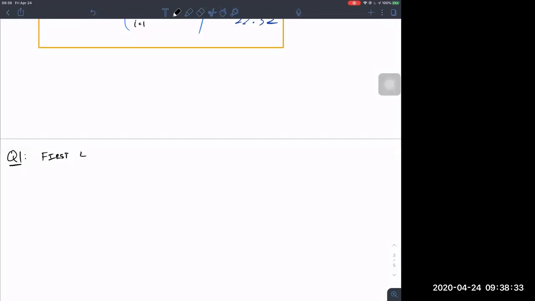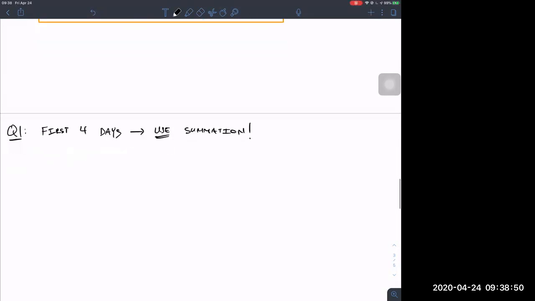First 4 days is unique because that implies that you have to use the summation, right? If you're asking for the first 4 days, that means you're not asking for only day 4. It doesn't mean you're asking for only day 1, but everything in between. So you rewrite your summation not to an n, but a 4 at the very top, because you're only going to the 4th day. And then your equation is this expression right here.